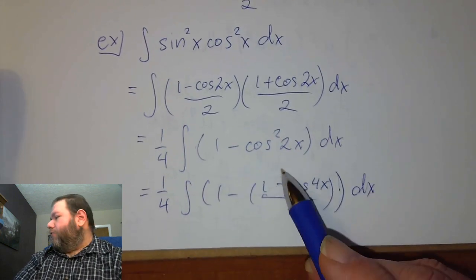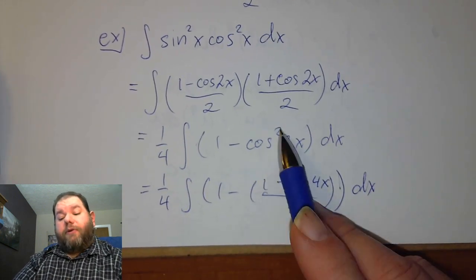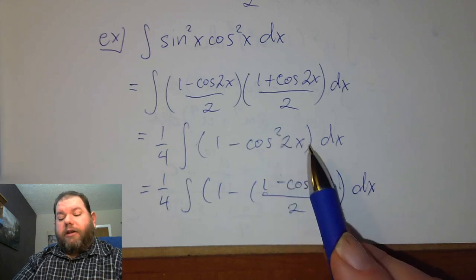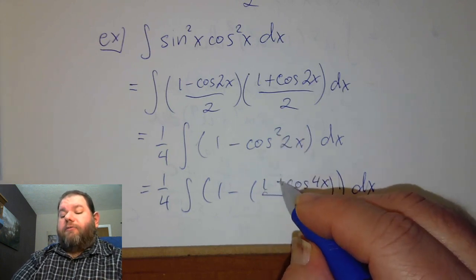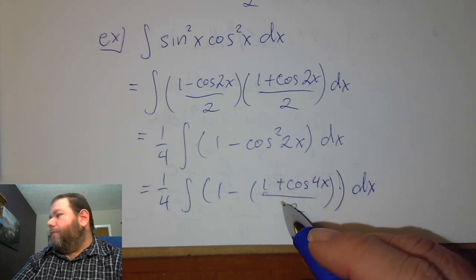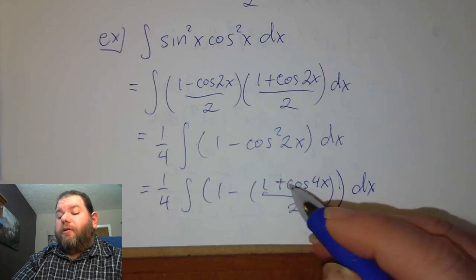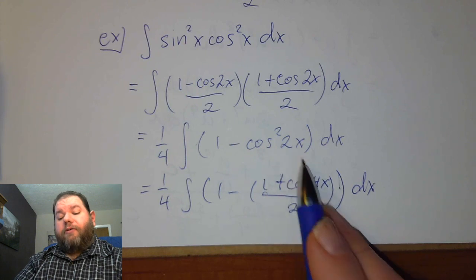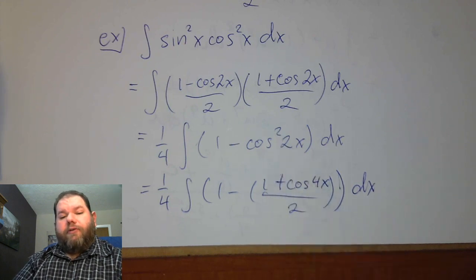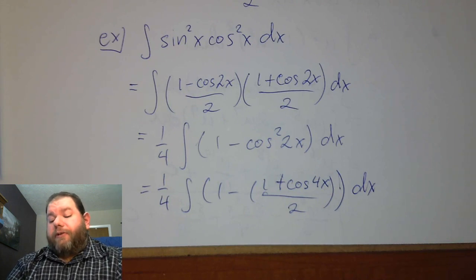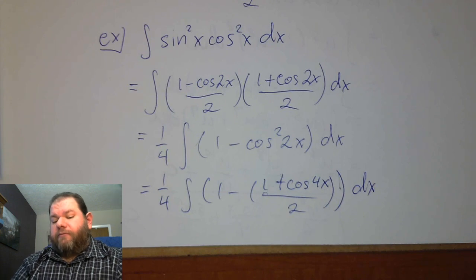So here, where we have cosine squared of 2x, and we apply the power-reducing identity, we get, actually that would be a plus, I'm sorry, because cosine's a plus and sine's a minus. But we get 1 plus cosine of 4x, because again, the angle doubles when we reduce that power. So it's 1 plus cosine 4x over 2.